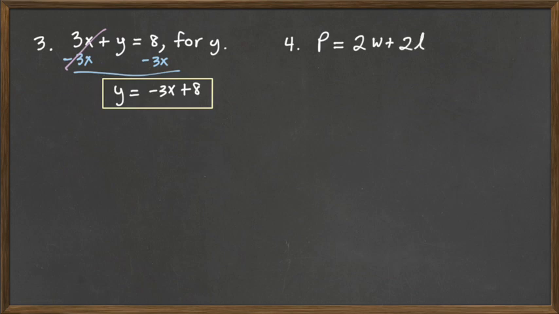So here we have P is equal to 2W plus 2L. This is the perimeter formula. This is to be solved for L. So we want to get L by itself. And so first of all, I need to get rid of that 2W term, and then I'll have to divide by 2.